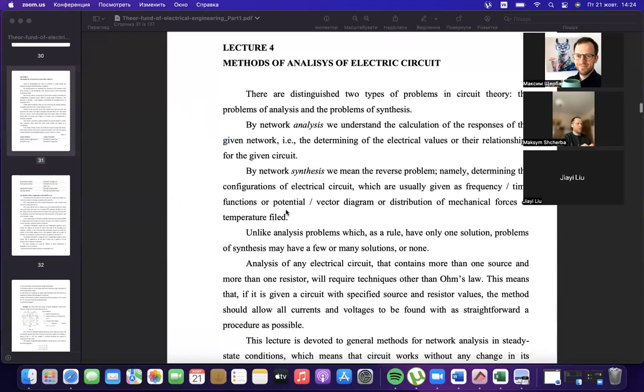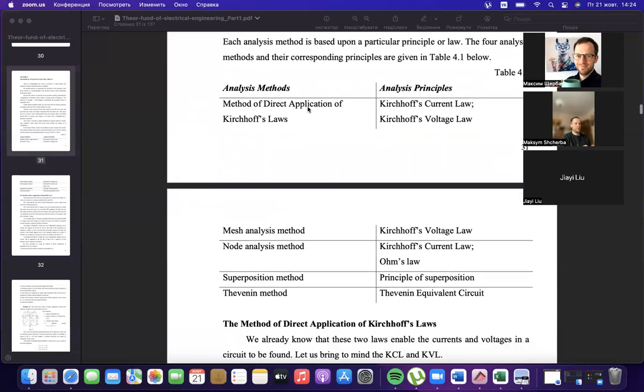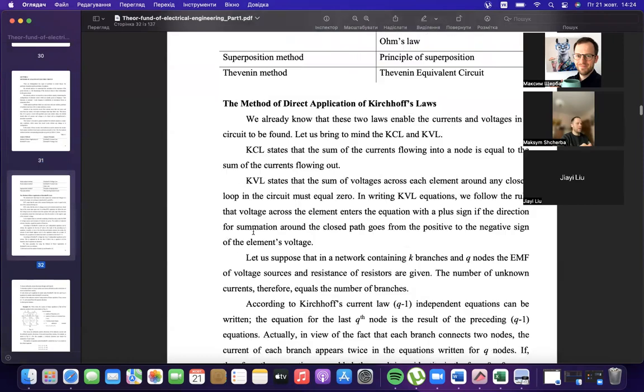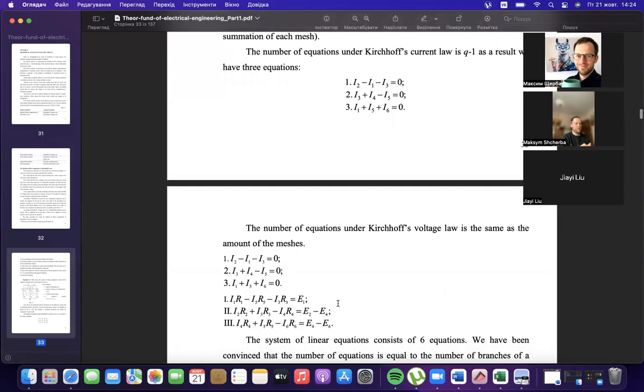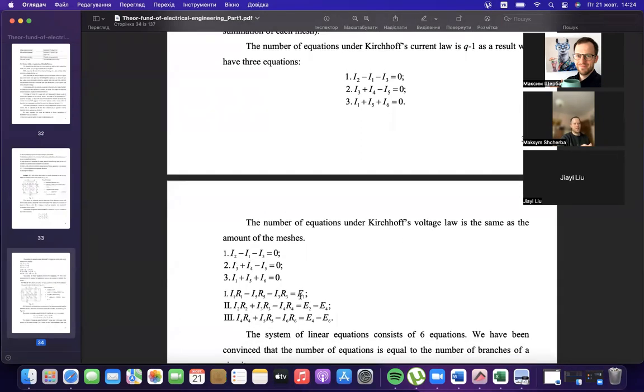As such approaches, we have lots of methods, and we started from the direct application of Kirchhoff's law, but we discussed that it is the most complicated in terms of the number of mathematical equations, because the matrix formed from the equations will be in the highest dimension.